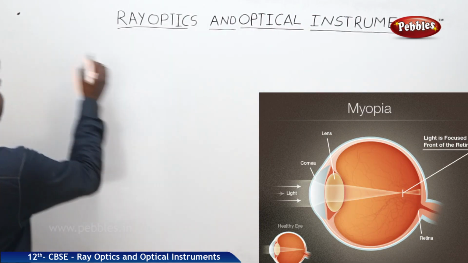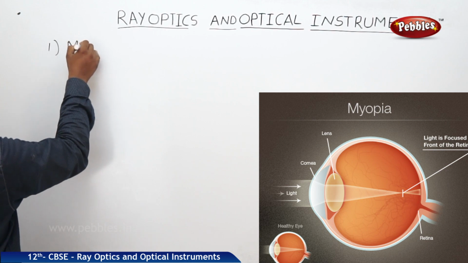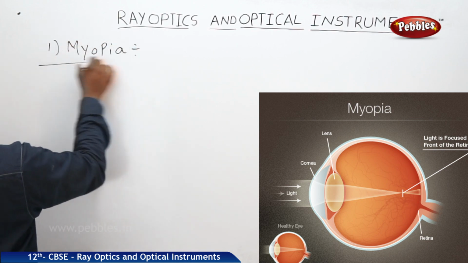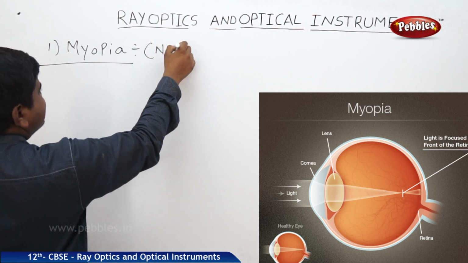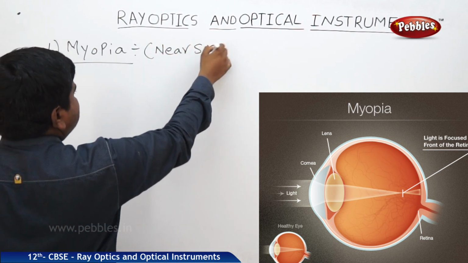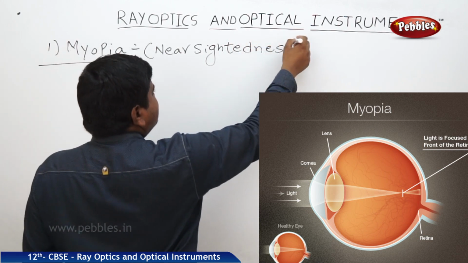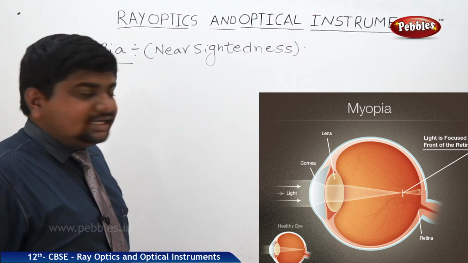The first eye defect is myopia. Another name for myopia is nearsightedness. What is the meaning of nearsightedness or myopia?